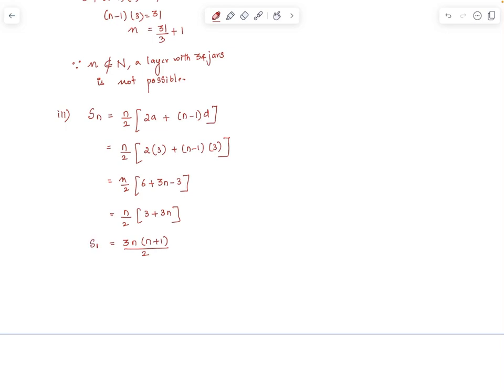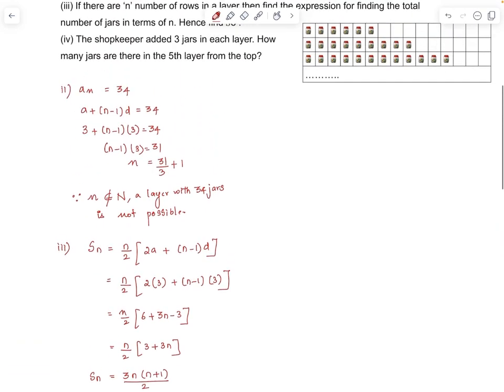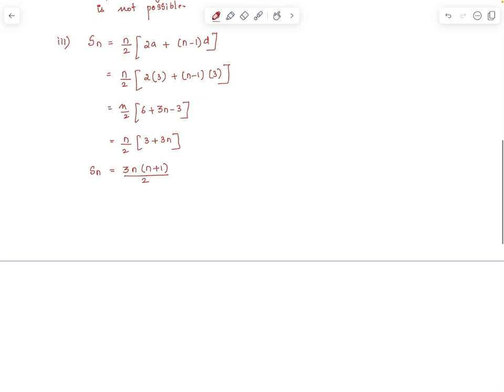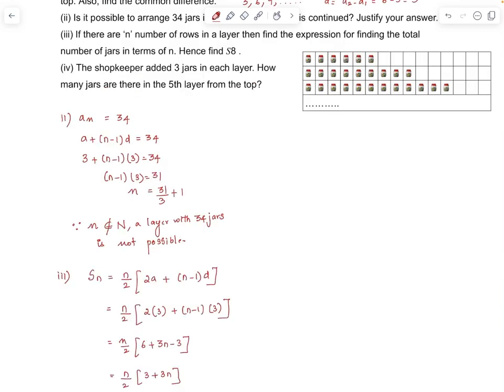So this is the general expression for getting the total number of jars. Now hence find S8. So we have to use this formula to get S8. n is 8, which gives us 108.